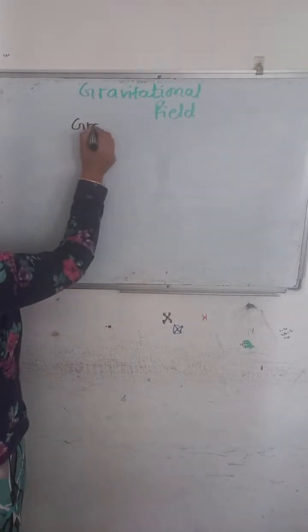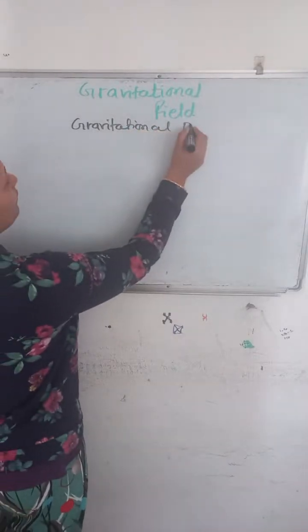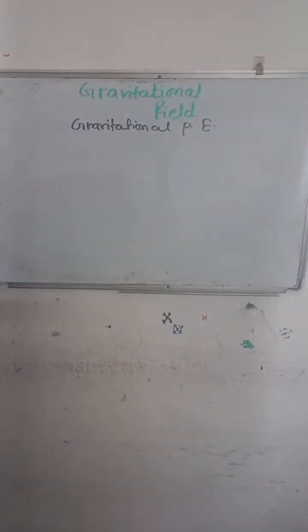It is a very important point from the exam point of view. Gravitational potential is nothing but the amount of work done in bringing a body from infinity to the point against the gravitational force.